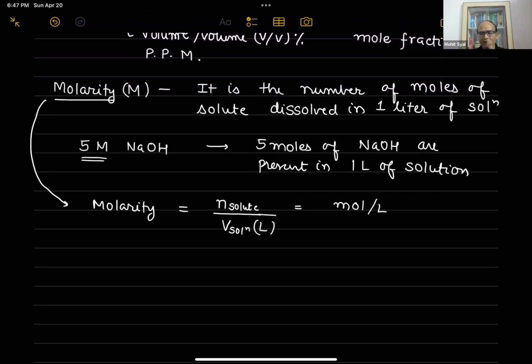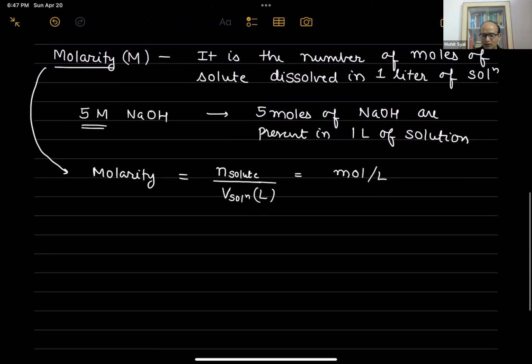In the denominator, we have the volume of the complete solution. Okay. Suppose the volume is given in ml, then what should we do? Convert. Suppose the volume is given in ml, it can be converted into liters if you divide it by 1000.